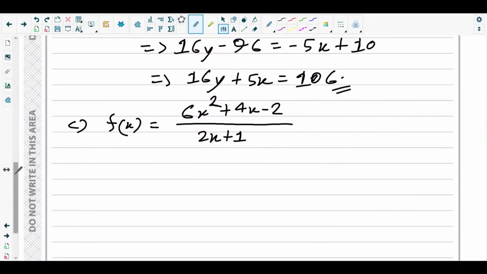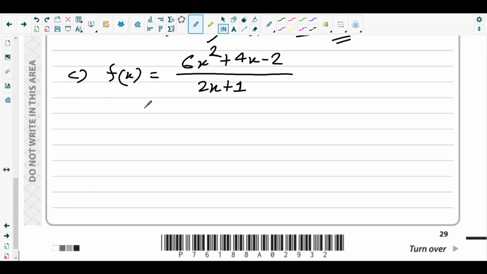Okay, so now use algebraic long division.